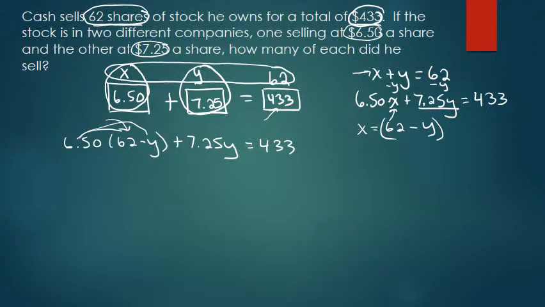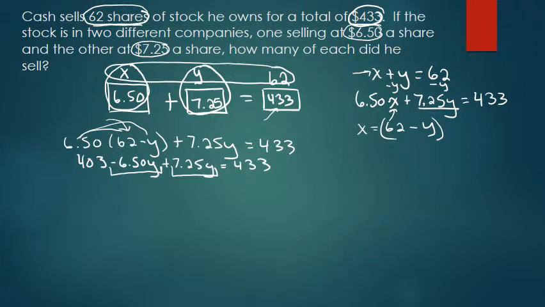6.50 times 62 is 403. Then I have minus 6.50y, because again I have to multiply to both of those, plus 7.25y, and that equals 433. Now I need to combine my like terms here, which are the y's.